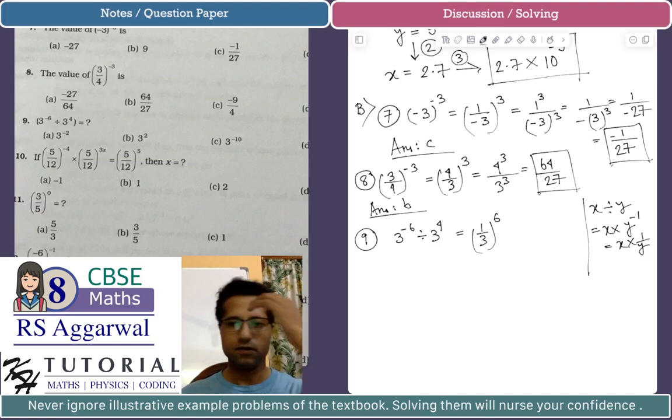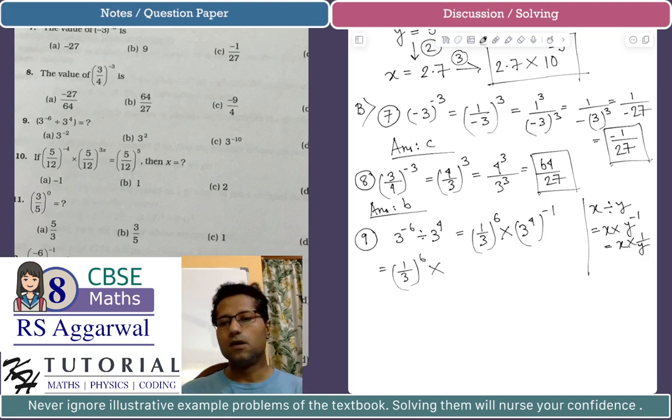We have 1 by 3 raised to the power 6, which is now divided by 3 to the power 4. It will be equal to multiplied by the reciprocal of 3 to the power 4, that is 1 by 3 to the power 4.